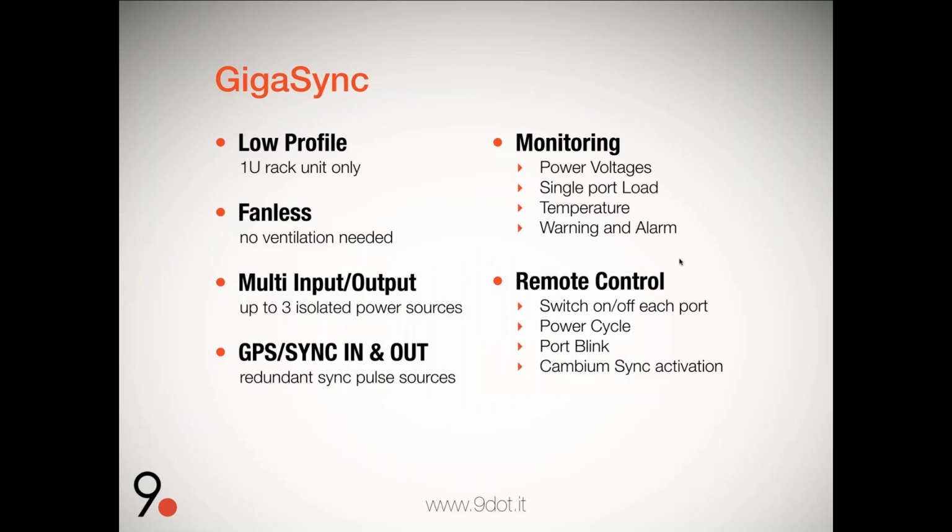Through the interface, you can switch each port on and off, make a power cycle, and port blinking, meaning the installer goes to the installation site and you just need to tell him to plug into the port that is blinking. It's simple, but it's a great feature, I think. And the Cambium sync activation for each port.